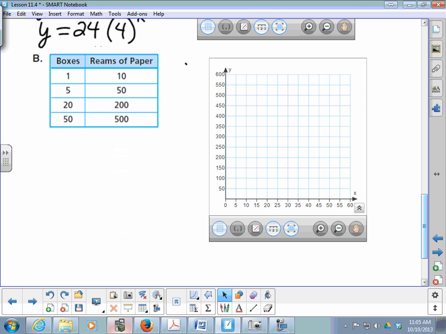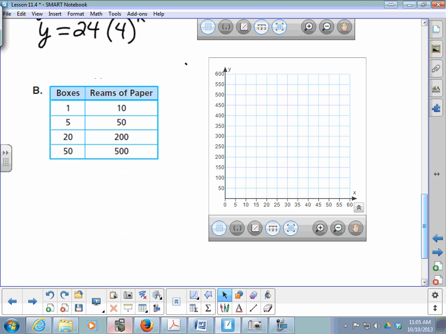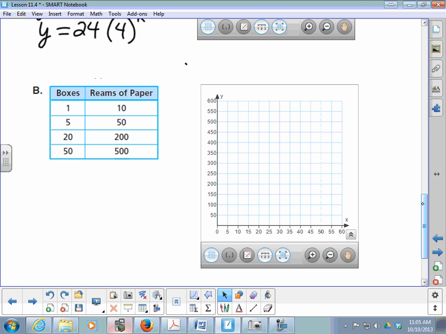All right, so we've got reams of paper here. We've got the point (1, 10). That's going to be pretty low, about right here.